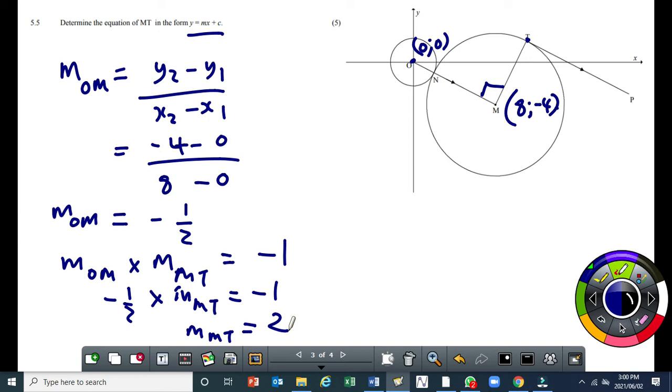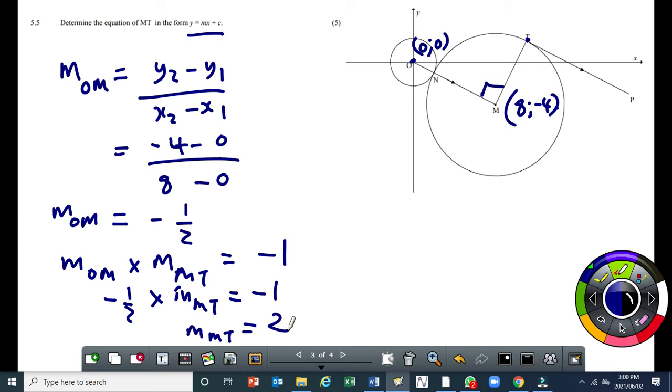If the gradient of OM is negative, the gradient of MT is going to be positive, and the two are reciprocals of each other. So the gradient of OM is minus half, which means the gradient of MT must be the reciprocal of minus a half. So I now have the gradient there.